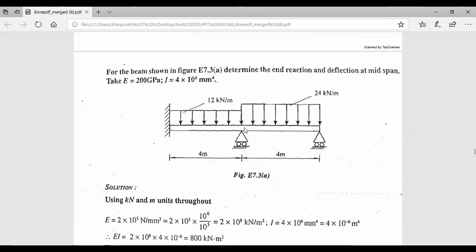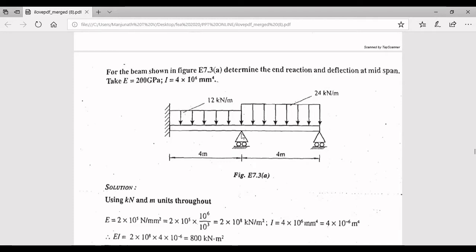Along with this, first we need to calculate the nodal displacements at node 1, node 2, node 3. As we see in this problem, node 1 is completely constrained so there will be no displacement; at node 1, V1 and theta 1 will be 0.